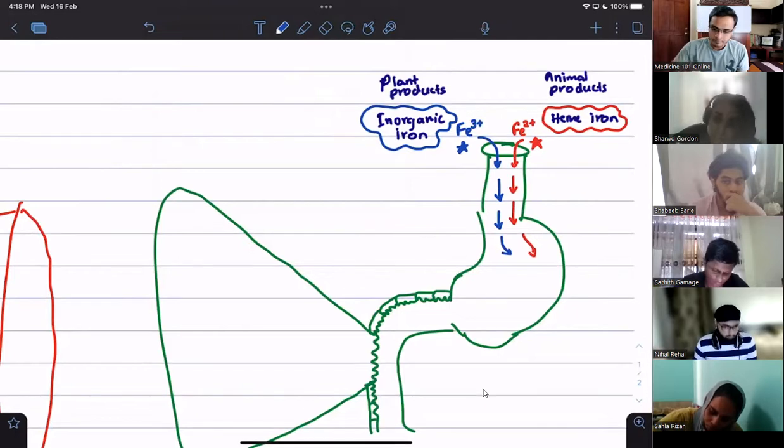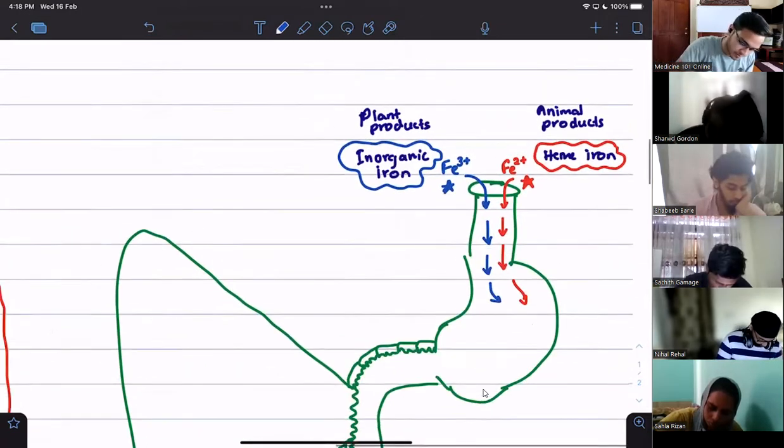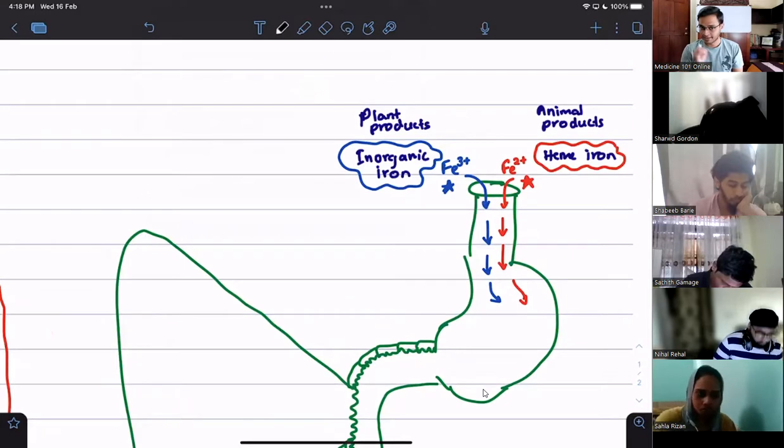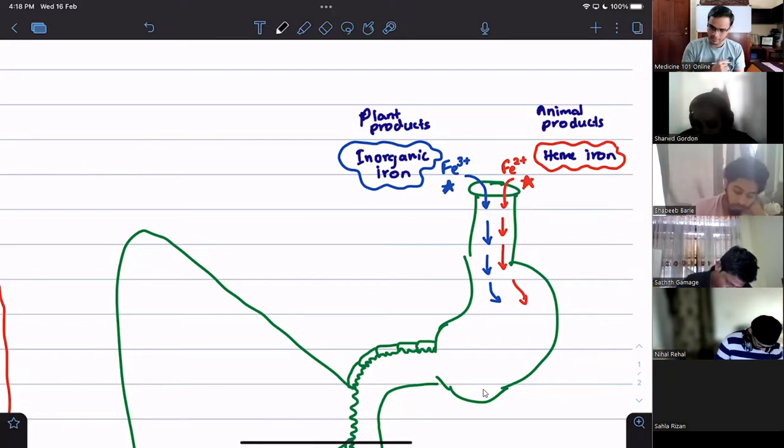Now, here's the important thing, guys. Before we move forward, just put a side note here. Heme iron is easily and readily absorbed in our digestive tract. Whereas inorganic iron is much more difficult to absorb. We will see why.